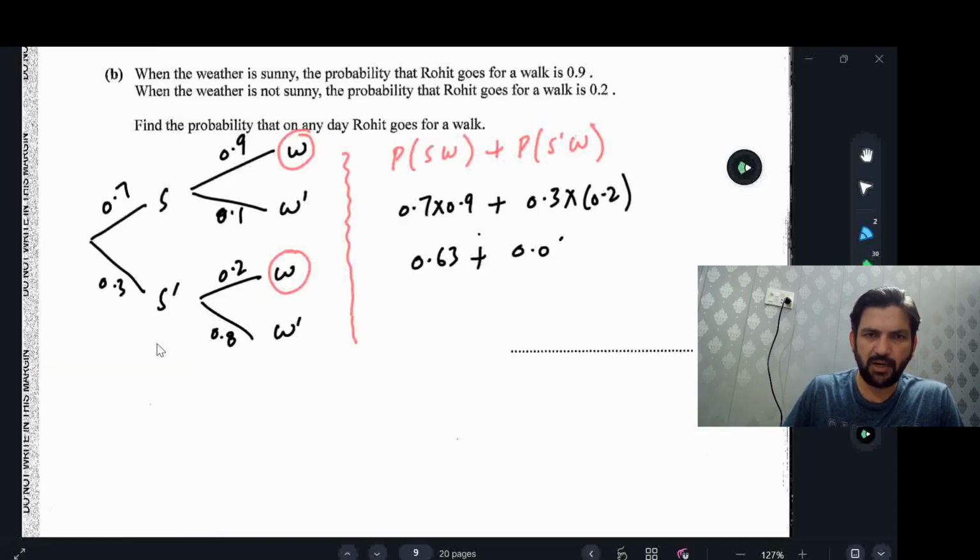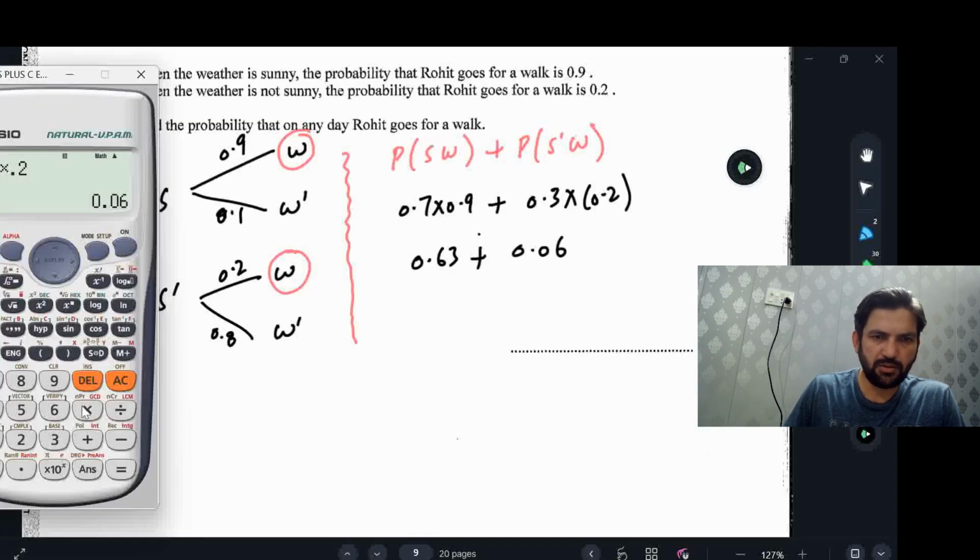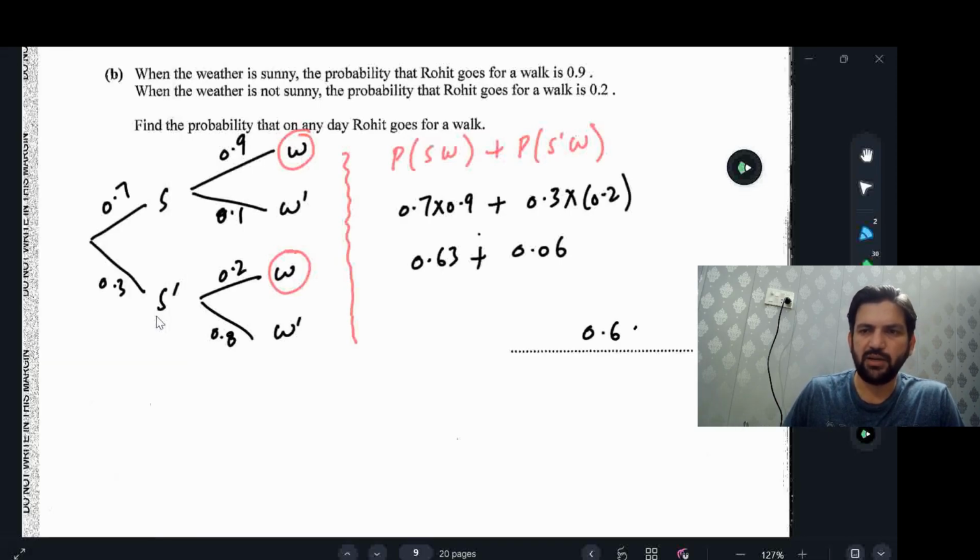Now if we add these two, 0.63 and 0.06, the answer will be 0.69. So this will be the final answer.